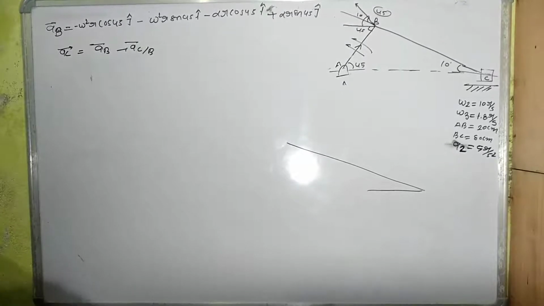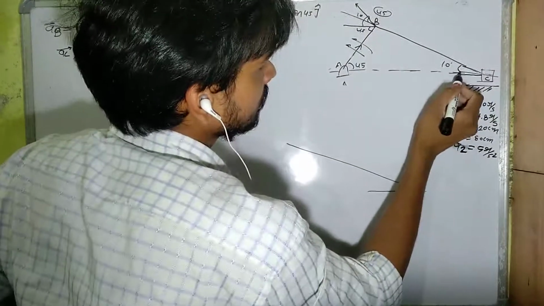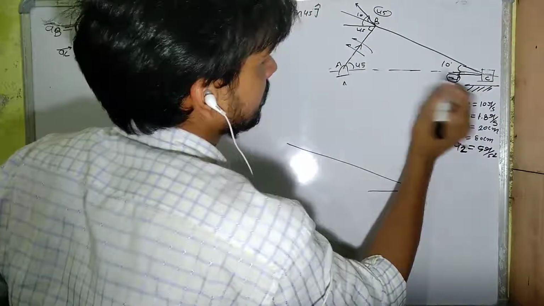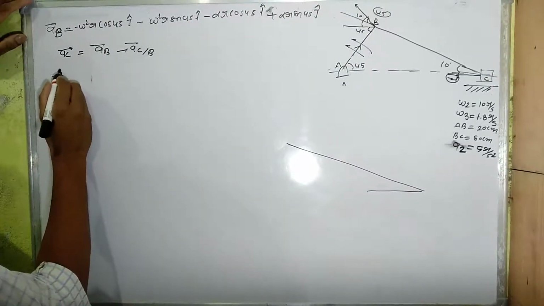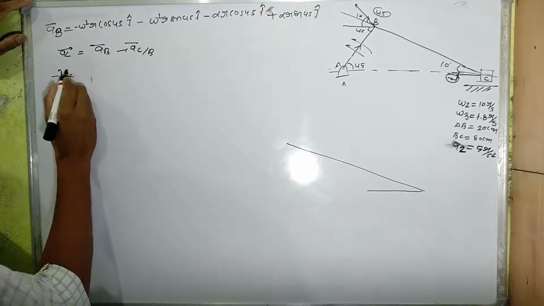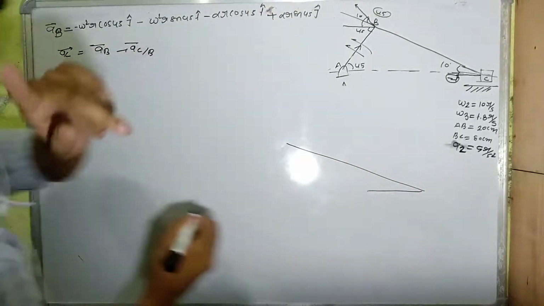So I am assuming the acceleration of C in the minus I cap direction. Okay, so suppose this is the minus I cap direction, acceleration of C is there. So you can write, look at here, minus I cap acceleration of C is equal to acceleration of B. You know all these things.